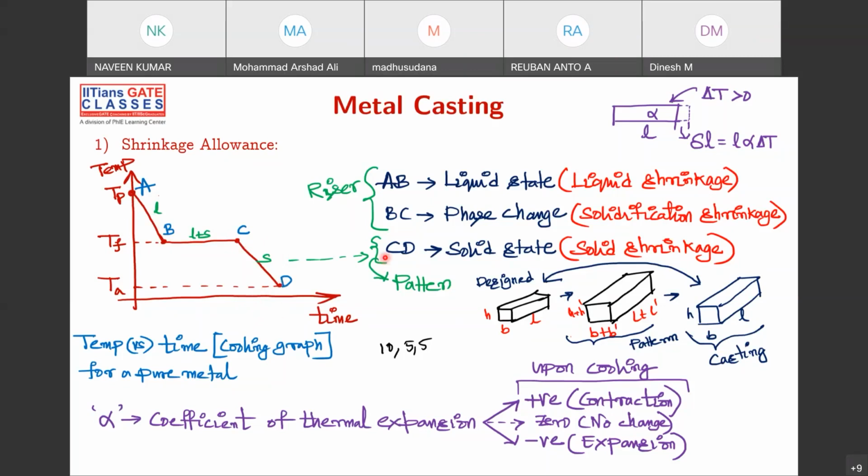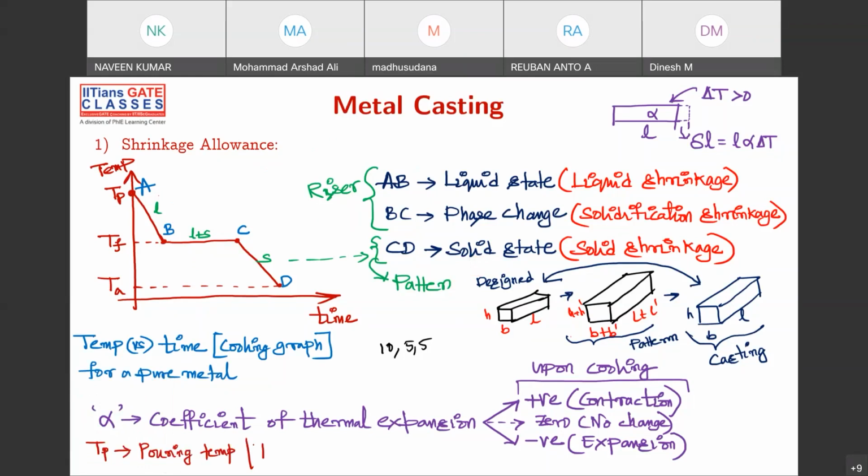Now, as you reduce the temperature of the liquid from here to here, what is TF? TF is the freezing point. Let me write what each is so that you'll be able to understand. TP is the pouring temperature, the temperature at which you are pouring.